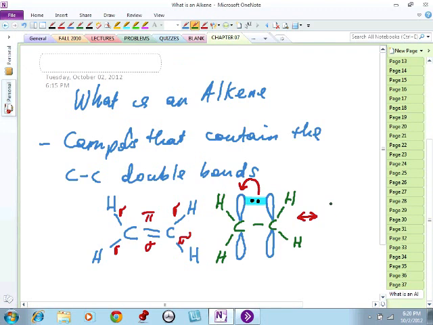Now we could have a resonance structure in which that pair of electrons is now residing on only one of the p orbitals.